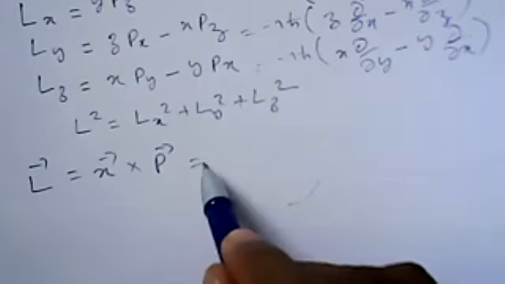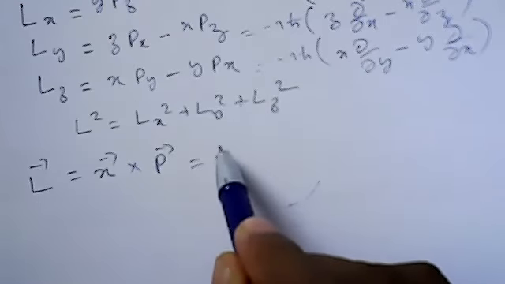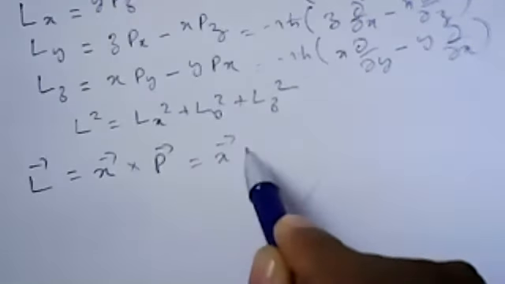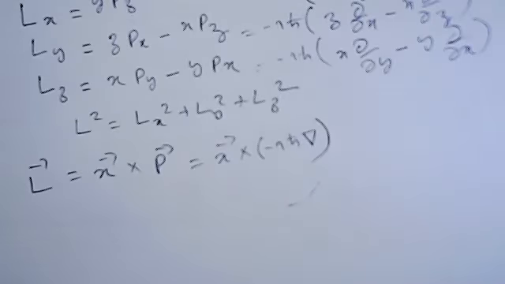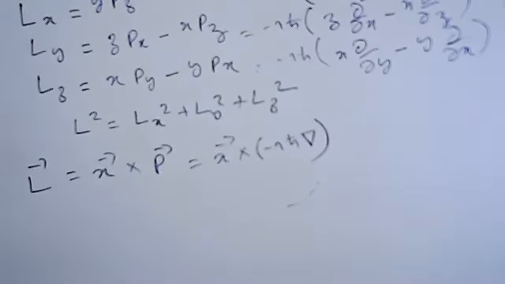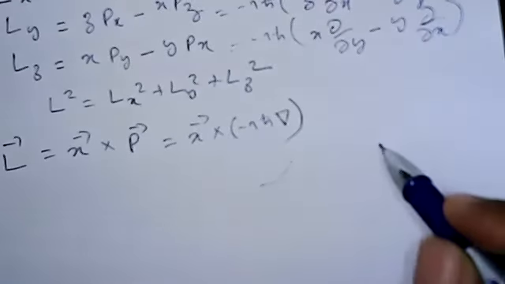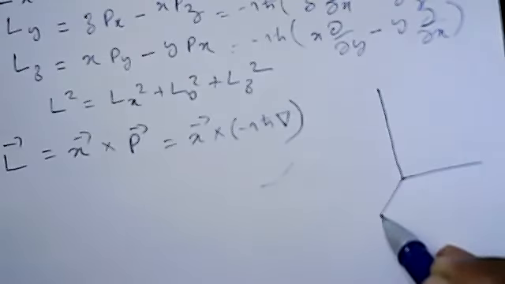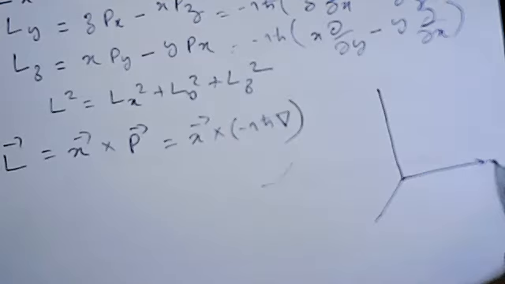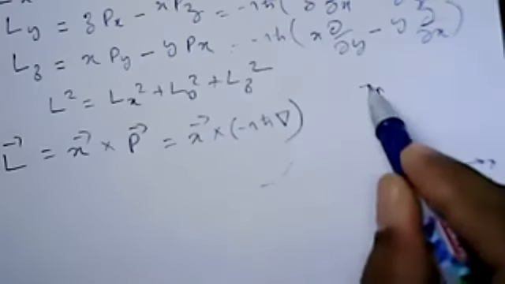So this can be written as x cross minus iħ del. Now I think you are comfortable with the spherical polar coordinates, the conversion between Cartesian and spherical polar coordinates. So this is the Cartesian coordinate x, z, and y.